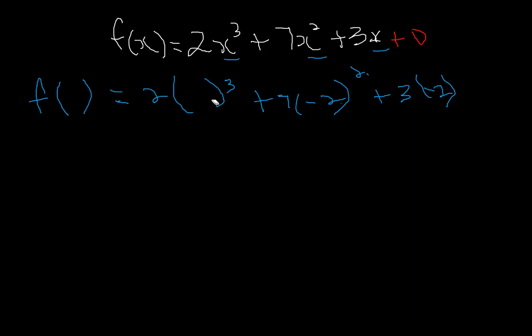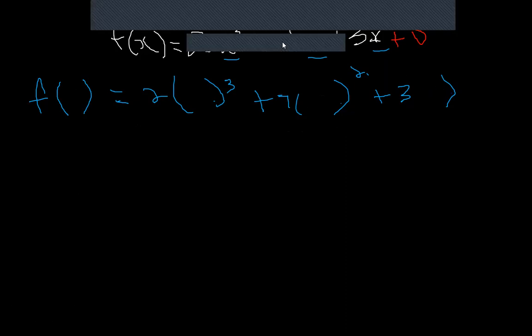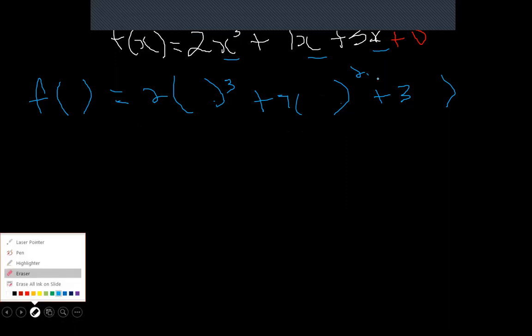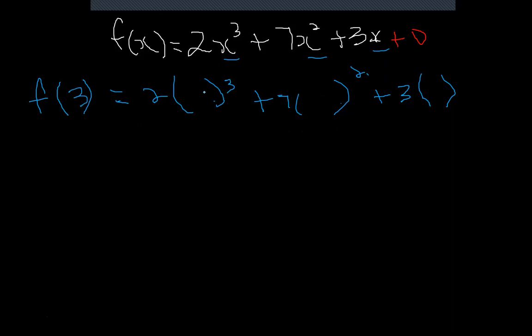So now I substitute 3 into this polynomial expression. Would 3 give me a value of 0? Well, obviously not, but you still have to show it. Substituting 3 into here.